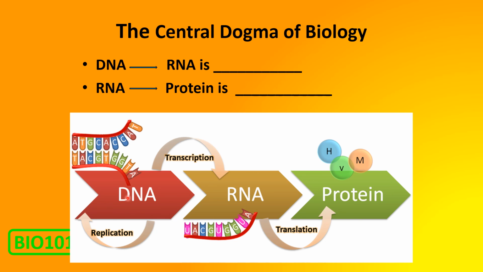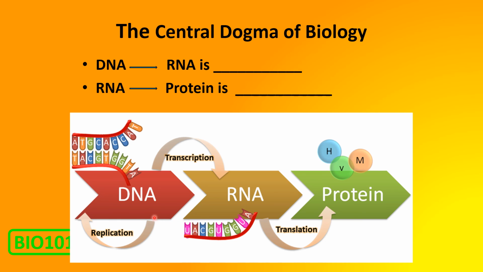So genetic information flows in only one direction, right? And it flows from DNA to RNA to protein. And once you go from here to there, you can't take a protein and reverse the procedure and make RNA and then take that back to DNA, okay?